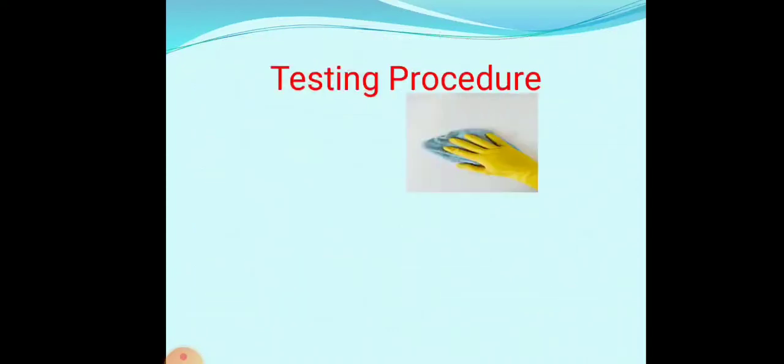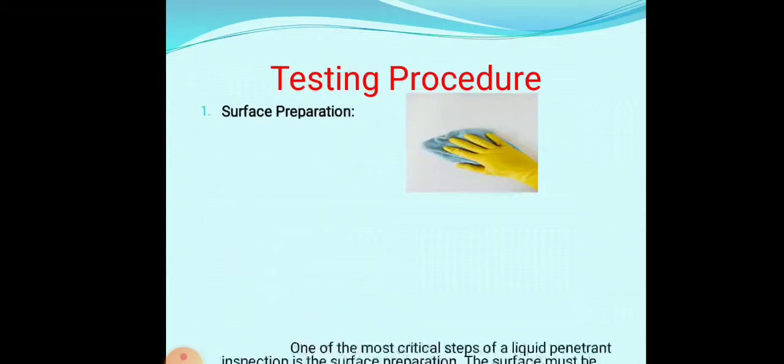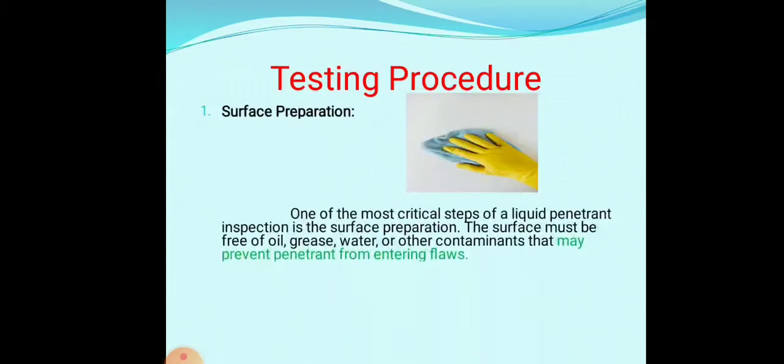Now going to the different steps to be followed to perform liquid penetrant testing or liquid penetrant inspection. The first step is surface preparation. One of the most critical steps of liquid penetrant testing is the surface preparation.